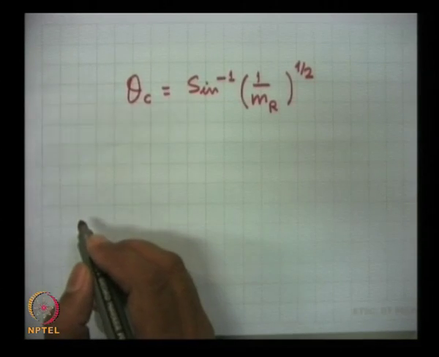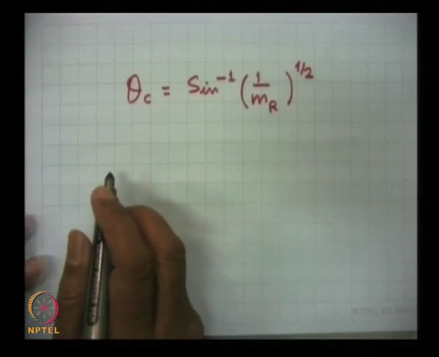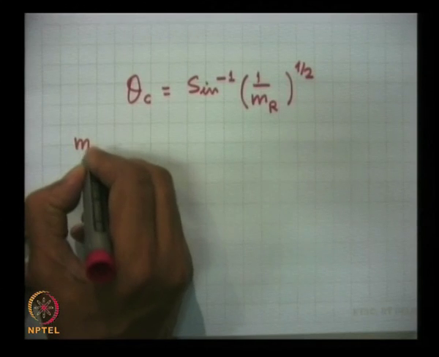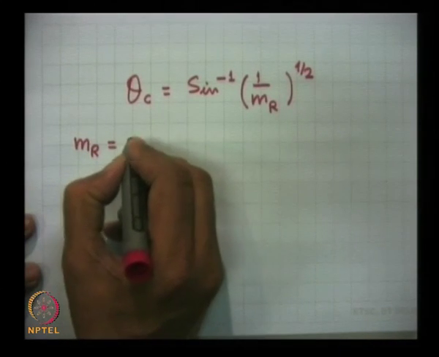For a typical mirror with mirror ratio something like 4, suppose I choose mirror ratio equal to 4.